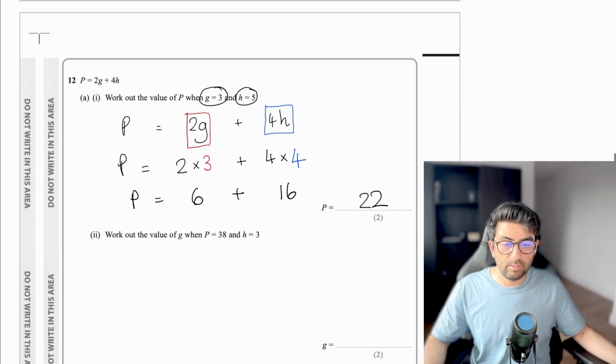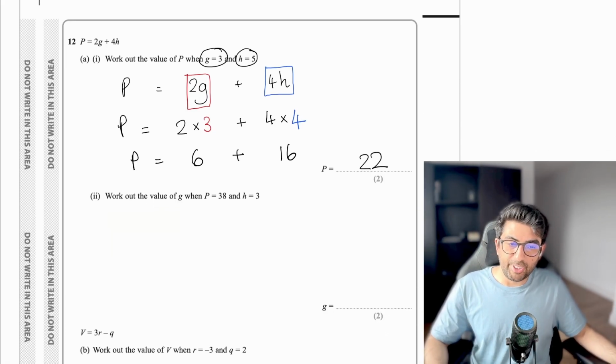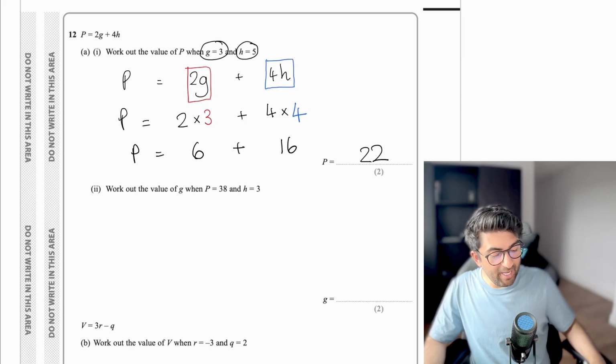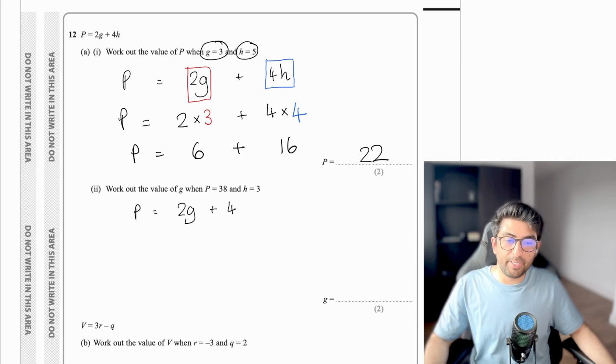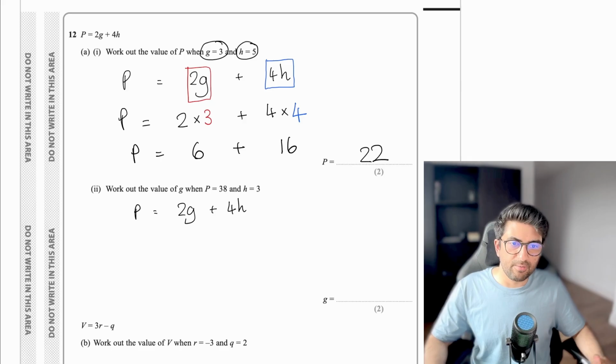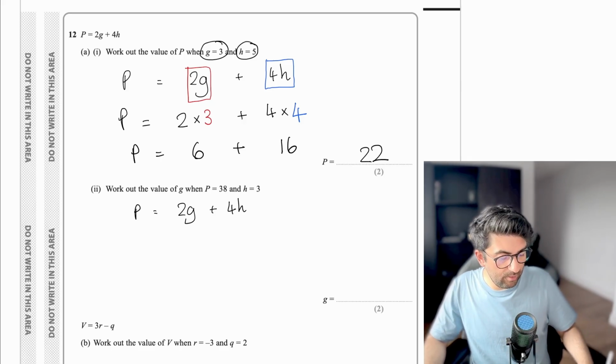Okay. Work out the value of G when P is 38 and H is 3. Okay, so same equation. P equals 2G plus 4H. Okay, but this time it doesn't give us G, it gives us P. So let's write it down. So it tells us P is 38.